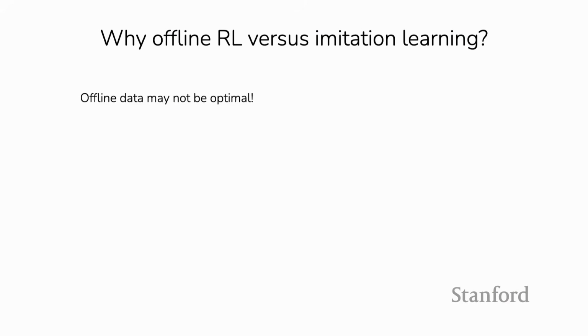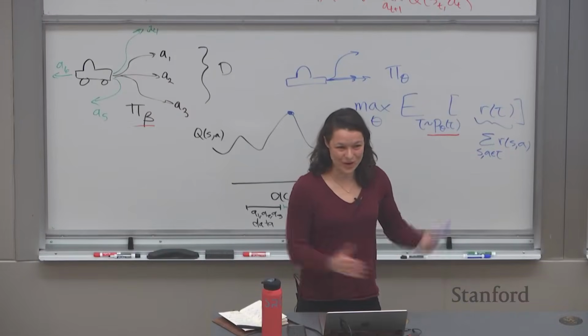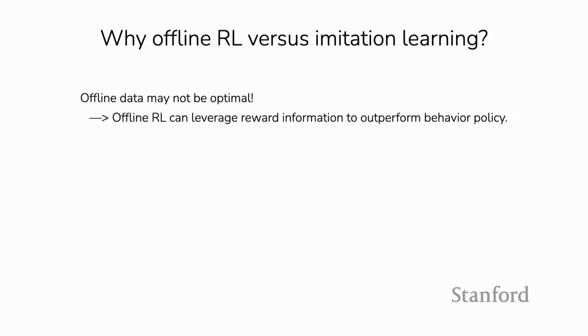Now, we don't necessarily want to use vanilla imitation learning because the offline data may not be optimal. There might be human drivers in your data set, for example, that don't drive in the way that you want your autonomous vehicle to drive. And offline RL methods should provide a way to be better than the policy that underlies the data by leveraging reward information.